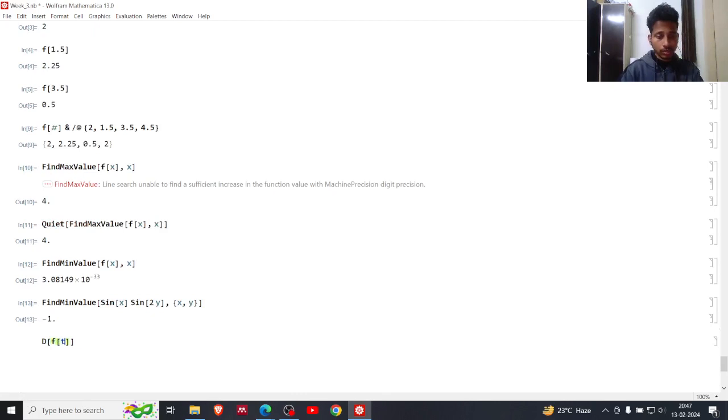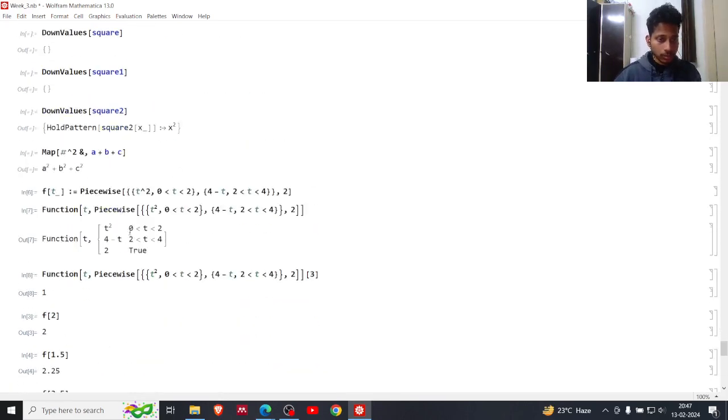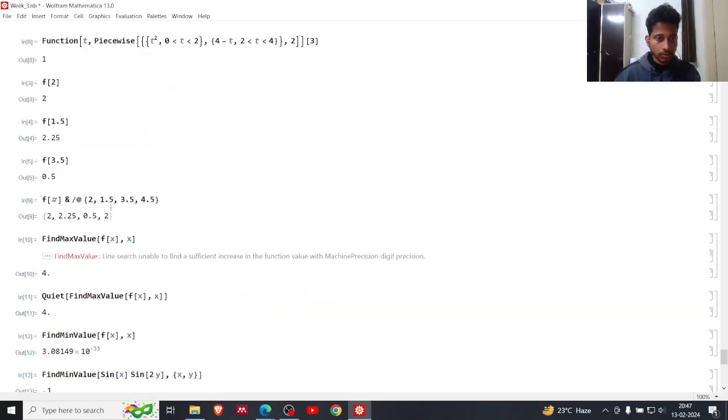Again we can do the derivative of f of t. Okay, so this is the function t square, 4 minus t, 2.